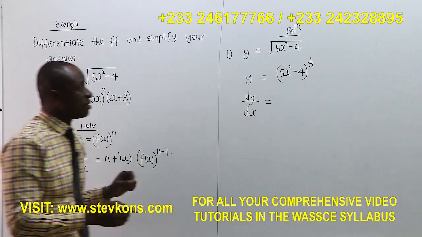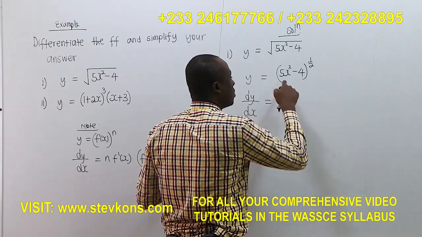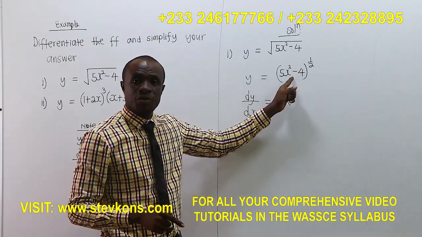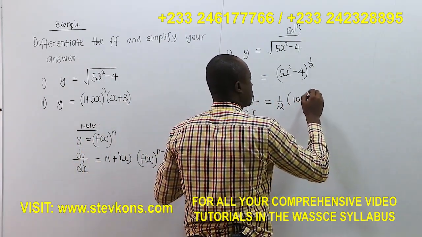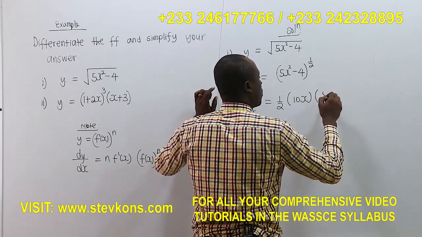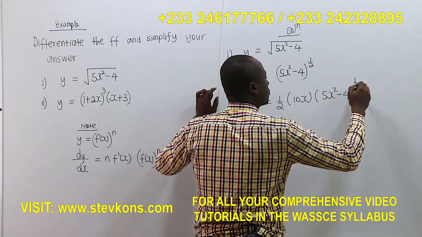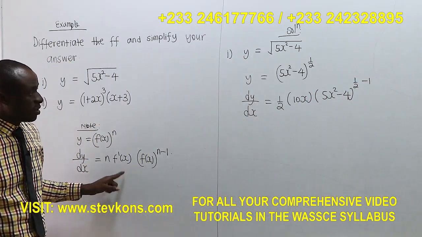Our n is half, so that's the n coming down. Differentiate the inner function, 5x squared minus 4. What do you get? 10x. Then reduce the power by 1, half minus 1.